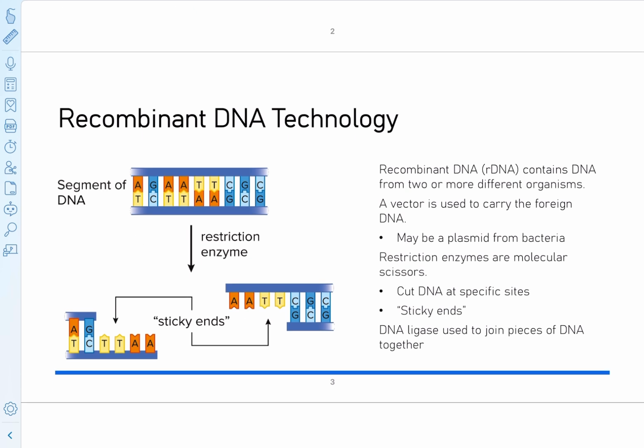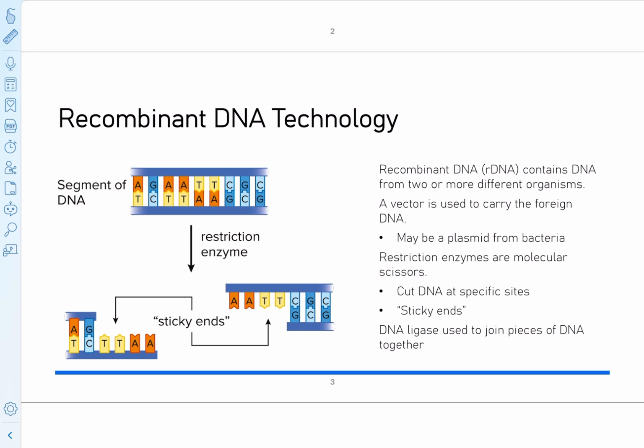So a big part of biotechnology is recombinant DNA technology, or rDNA technology. And this is where DNA from two or more different organisms is combined to create something new. So to get that foreign DNA into a host organism, scientists have to use a vector. And a vector is just a carrier. Usually it's a plasmid, and a plasmid is just a small piece of circular DNA that bacteria often have.